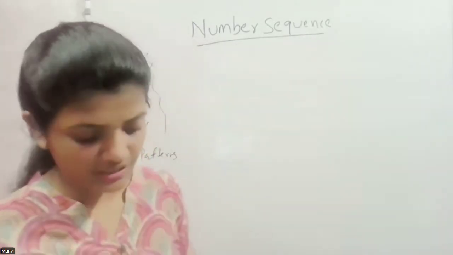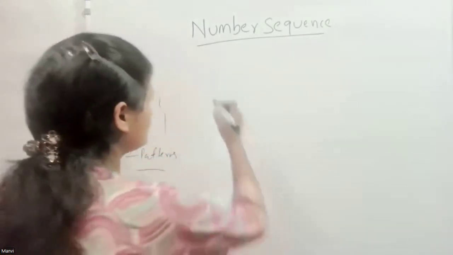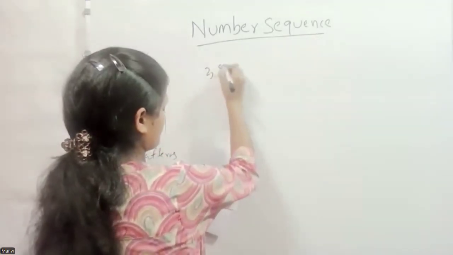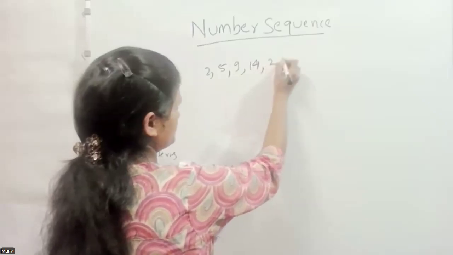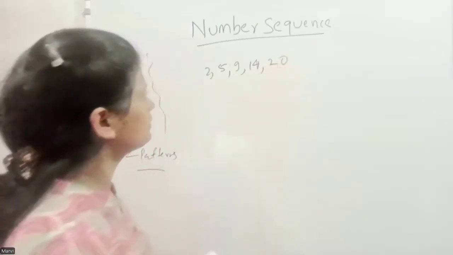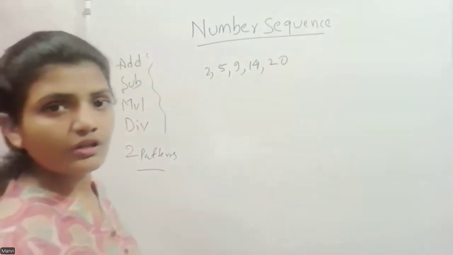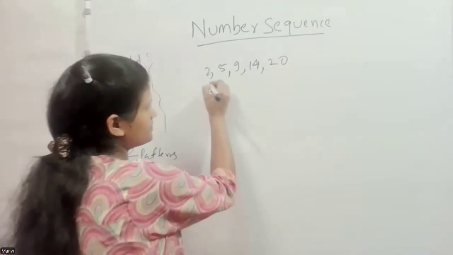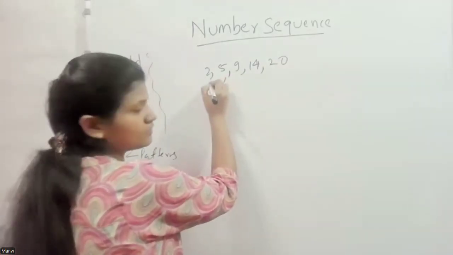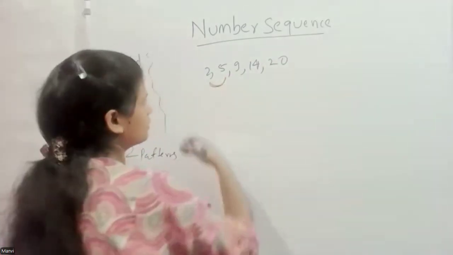The next question is 2, then 5, then 9, then 14, then 20. For checking the logic behind this, we need to subtract these numbers and then see what is increasing.